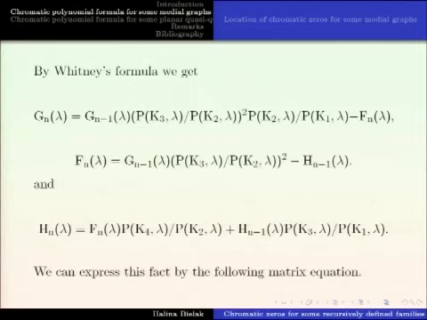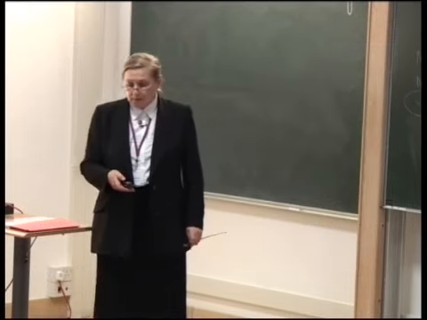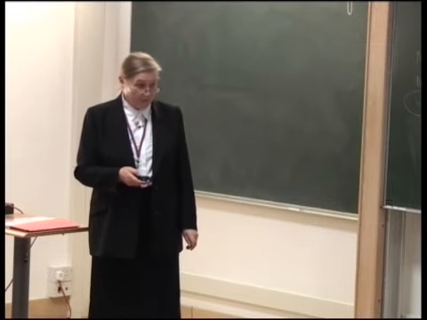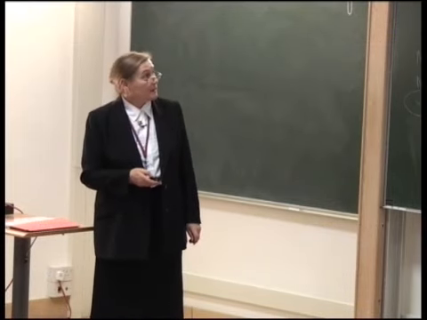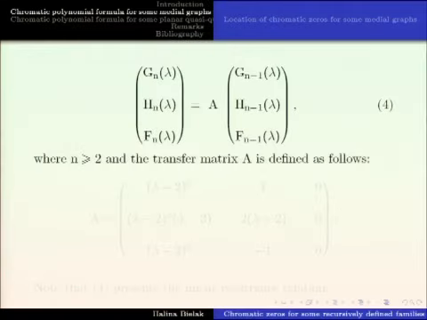So in fact, we have the possibility to get a matrix equation of the following form, where these three chromatic polynomials are related to the chromatic polynomials for the graphs with subscripts n minus 1, via A, where A is a transfer matrix of the following form.